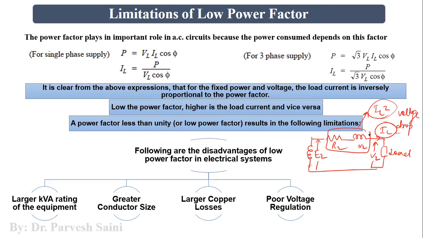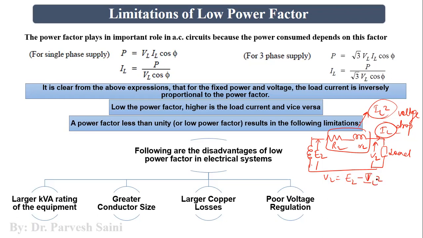So more voltage drop will be there, ILZ. Now, if this voltage drop increases because of the increase in load current, V2 is equal to E2 minus this ILZ.